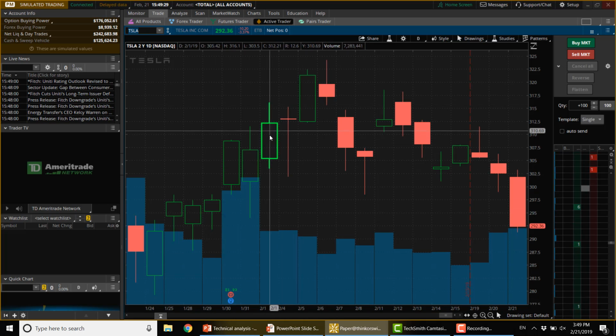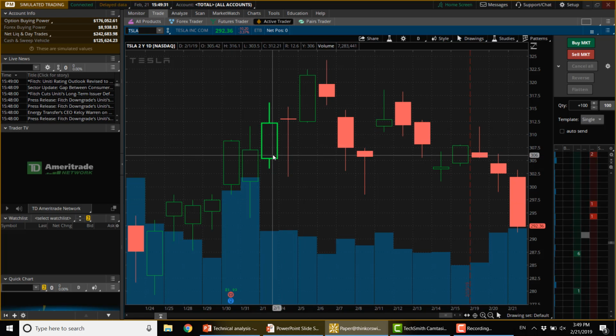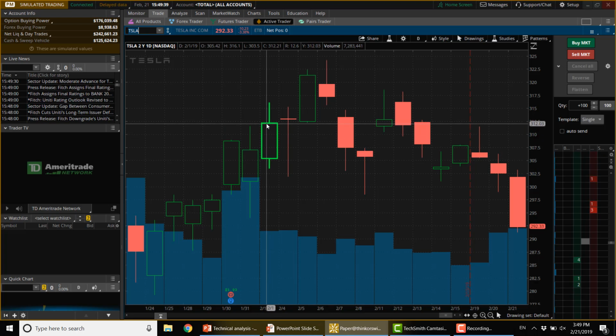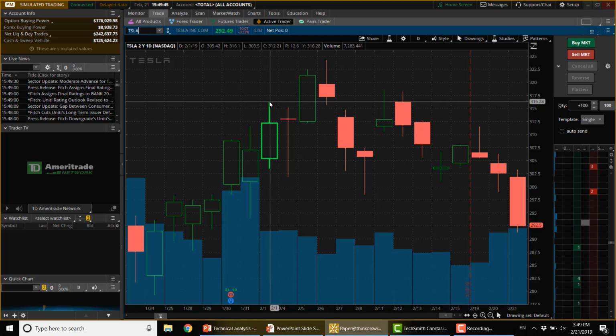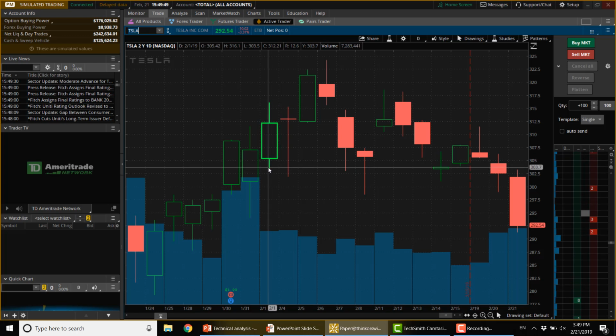For example, this green candlestick right here, the bottom of the actual candlestick part indicates the opening price. The top of this candlestick indicates the closing price. And then the top of this line above the candlestick indicates the high of that day. And the bottom here indicates the low price during that trading day.